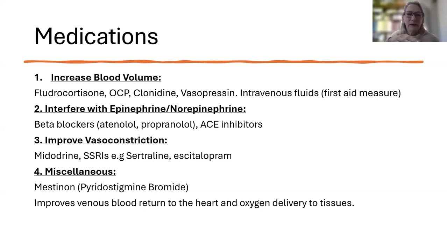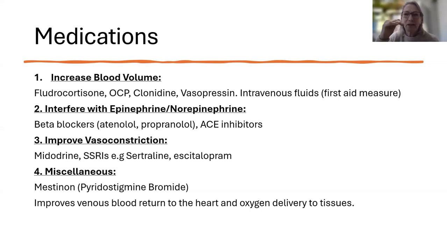And again, incidentally, if you're on something like sertraline or escitalopram, they have that same kind of effect of improving vasoconstriction, so therefore you can have that secondary benefit from them. They wouldn't be a first-line treatment. And last of all, there's Mestinon, which is a medication that's been around for a long time to treat a condition called myasthenia gravis.